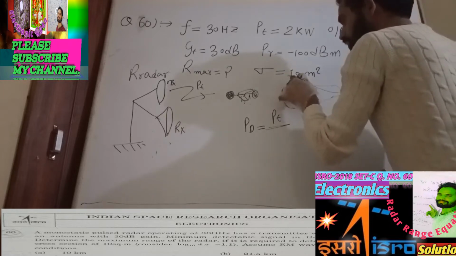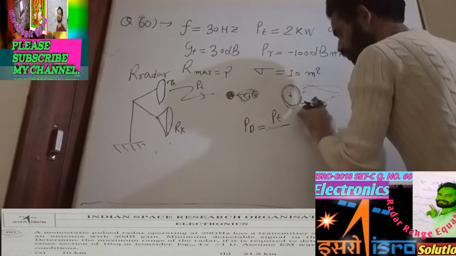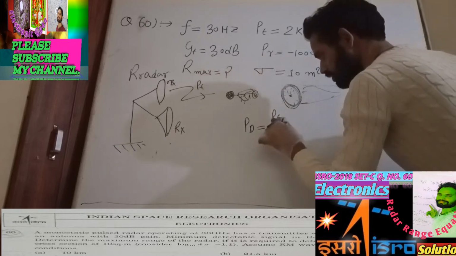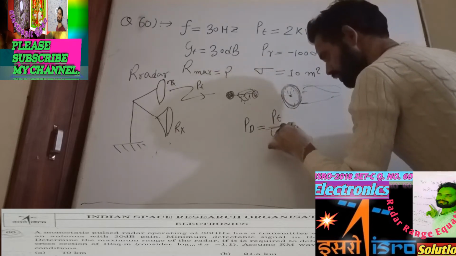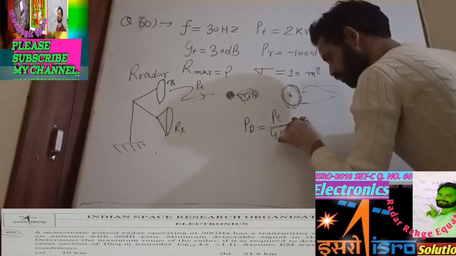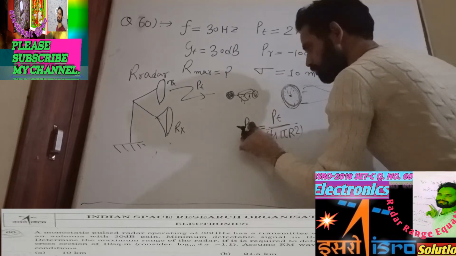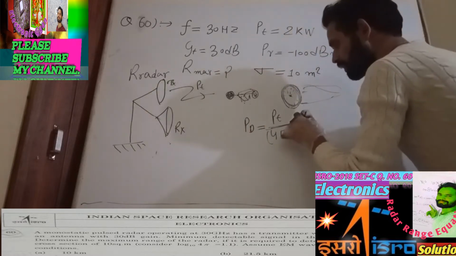Let us say this is our earth. The surface area, being spherical, is 4 pi r square. So power density means power per unit area.